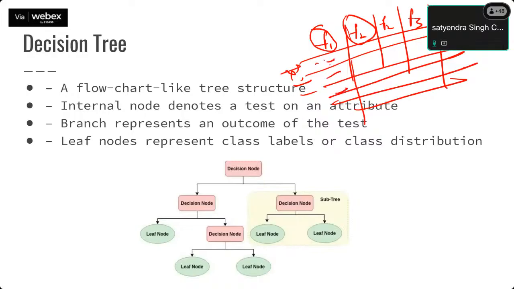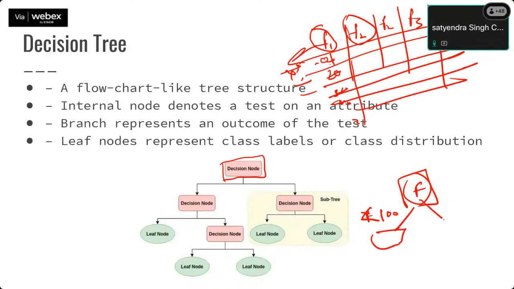At each decision node, for each feature, a test is mentioned. For example, if f1 is numerical, a value less than 100 will go here, and greater than 100 we split to the other side.